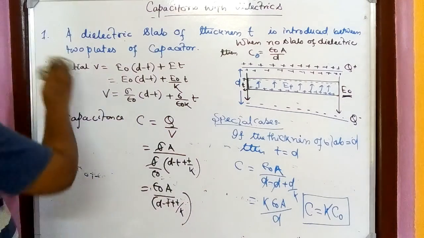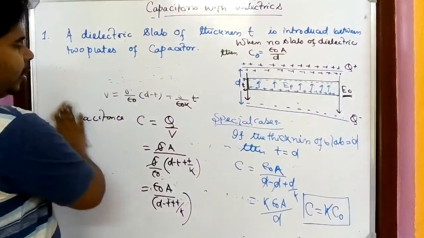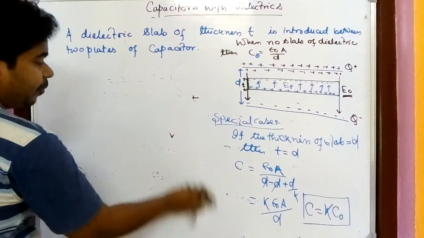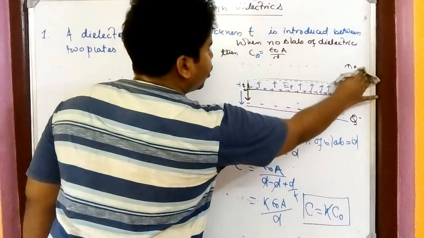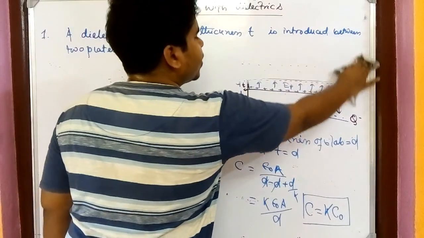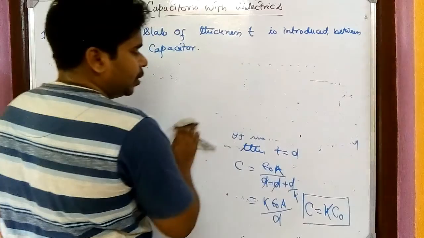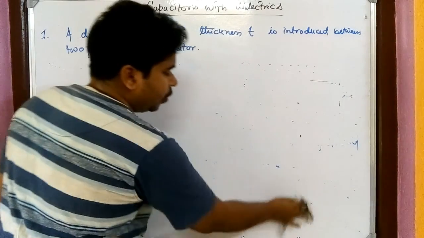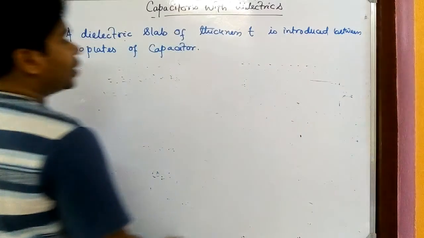Now we'll go for the another part. Here we have introduced one dielectric slab. If I introduce two dielectric slabs, then what will happen? Okay, so our next target is to find out two dielectric slabs.